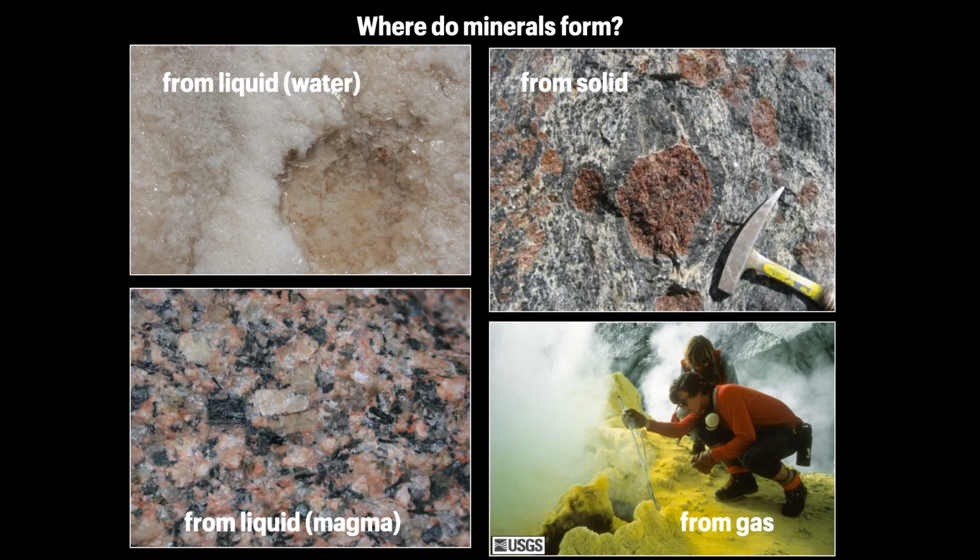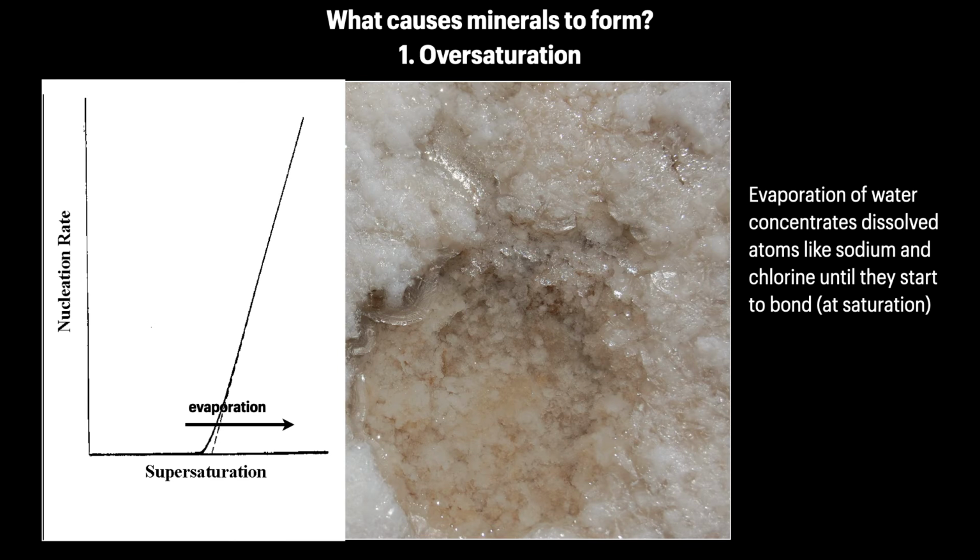So we can think about this in some other ways, right? What are some of the ways that minerals are forming? Well, one of them is that if you take a liquid and oversaturate it with atoms. The example here is a lake out in the desert. As it dries up, the atoms in that water get more and more concentrated until they're so close together and bump into each other so much that they start to bond.